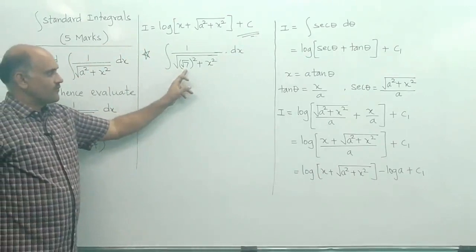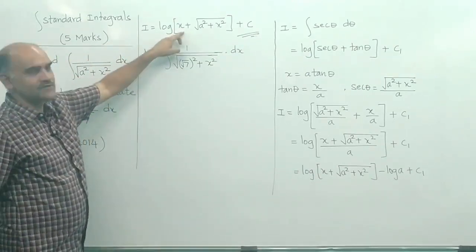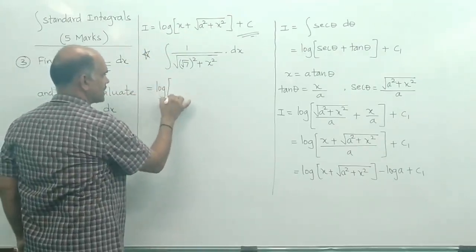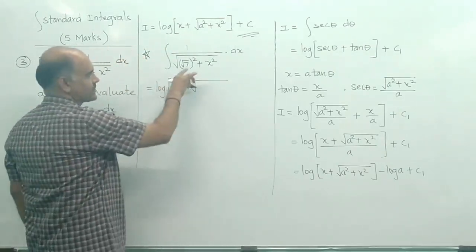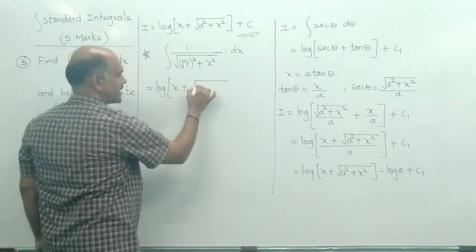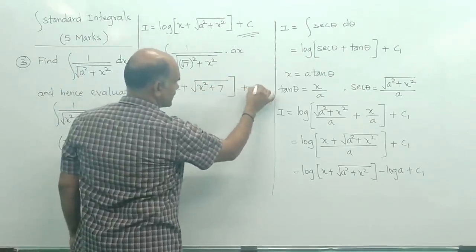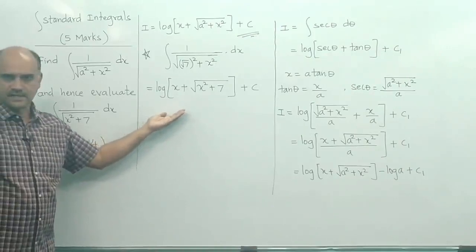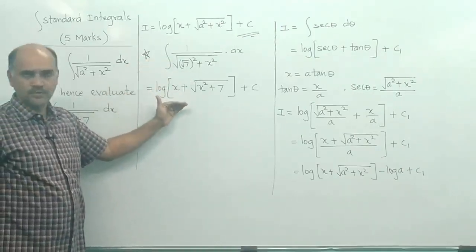So now it is in the form of a square plus x square. Now directly apply this formula. So this is equal to log x plus root of a square plus x square, or directly you can write x square plus 7 bracket complete plus c. This is our answer.